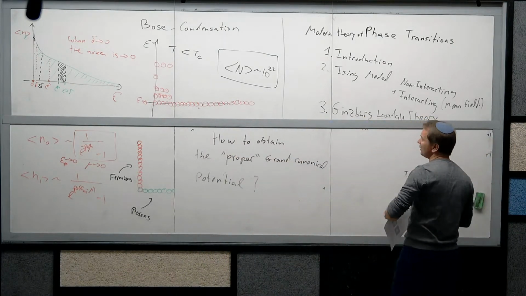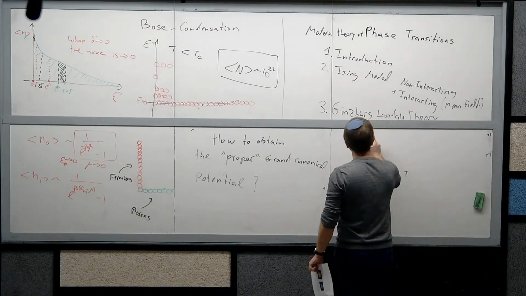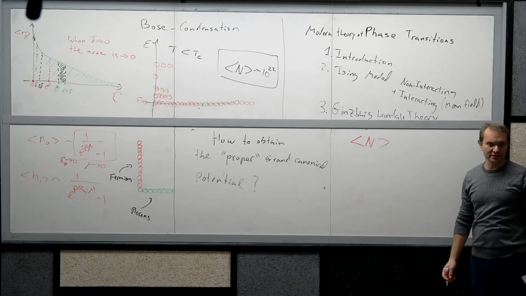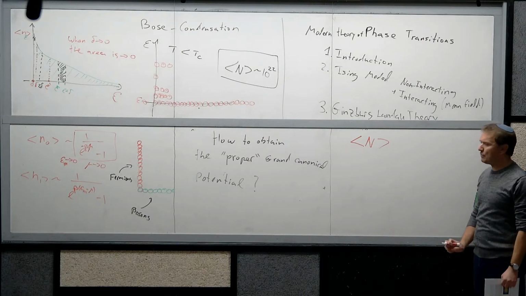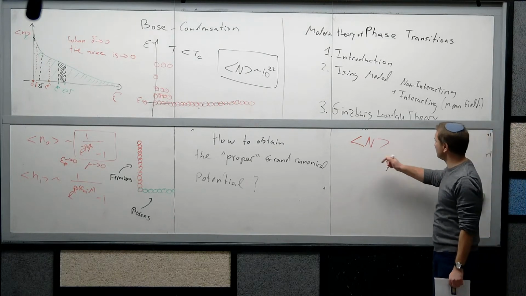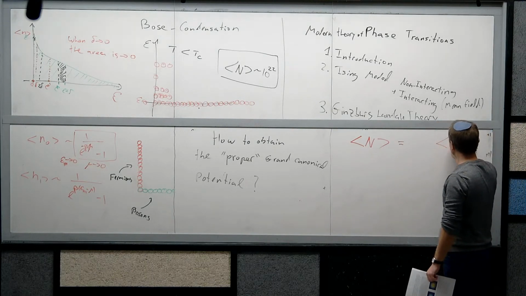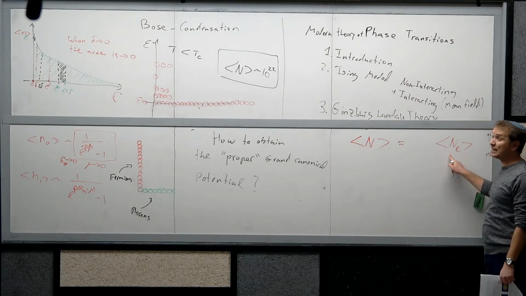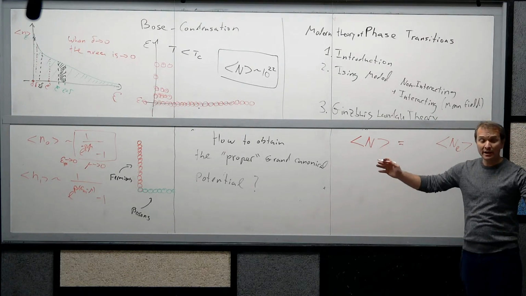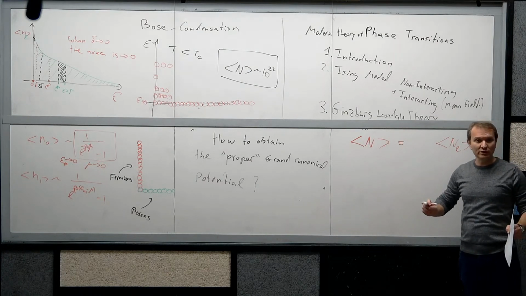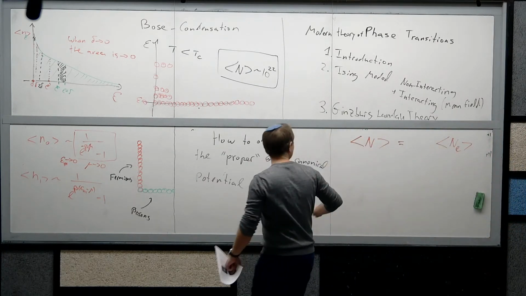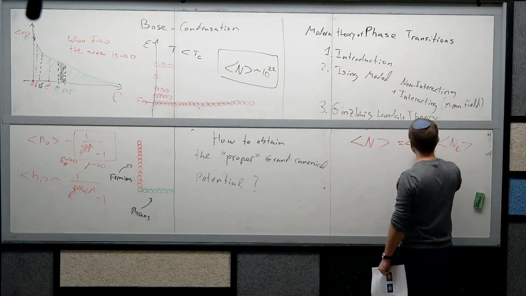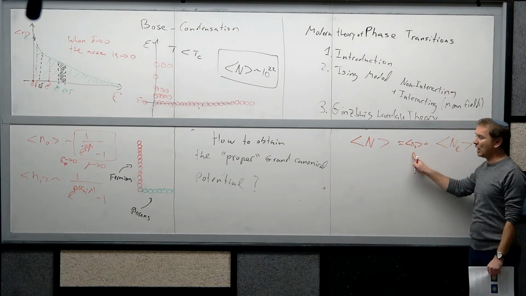So we calculated so far the total number of particles inside the system. This is the average number. Now, I'm going to say that this number equals Ne, which is the number of particles in the excited states, so all the states except the ground state, plus the average number of particles that sit at the ground state.